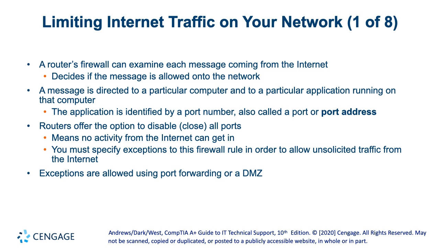So typically, right, you don't have anything that you want coming in from the internet. But if you had a web server, you would want the users to be able to come in and get to your web server. So you would put that outside the firewall, typically, in your demilitarized zone.